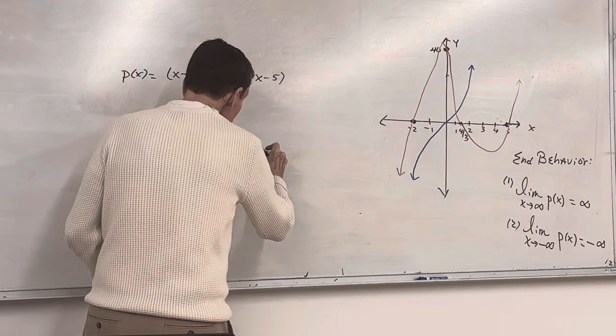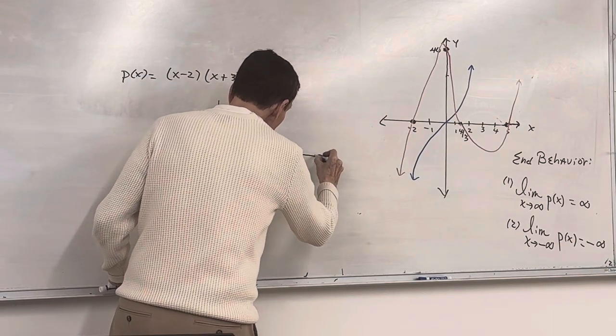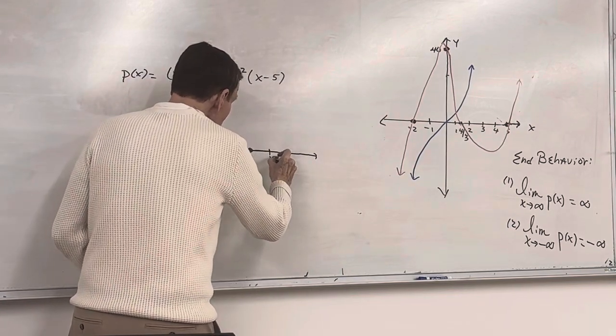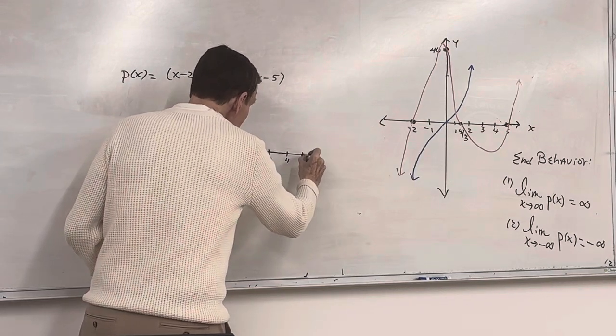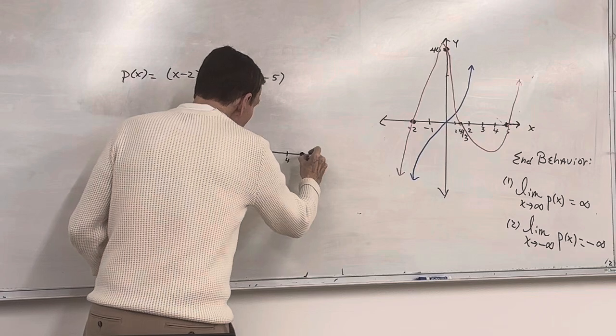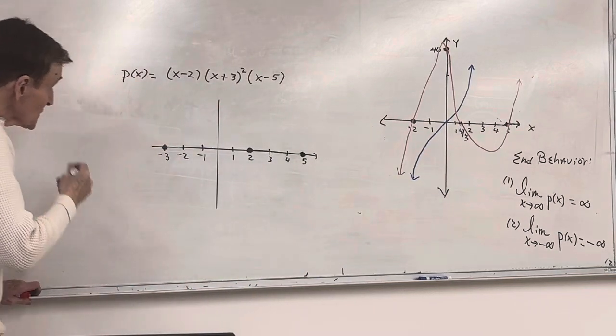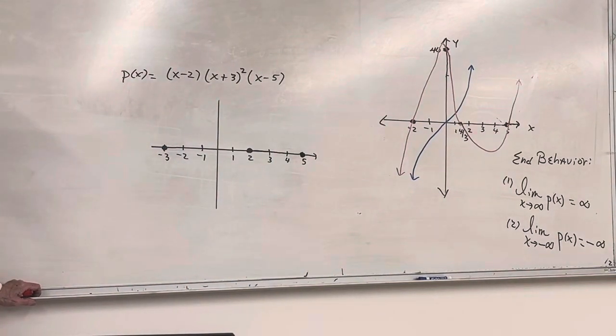Extend this out just a little, go out to 5. Another x-intercept. Those are my x-intercepts.